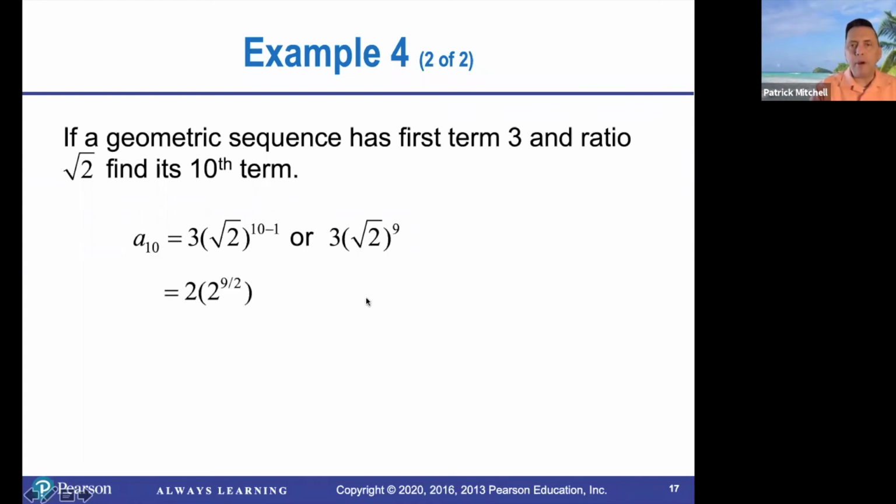Now remember that the square root of 2 is the same thing as 2 to the power 1/2. And I'm sorry, I'm just noticing a typo here. This is supposed to be a 3. They have it right in the next step.